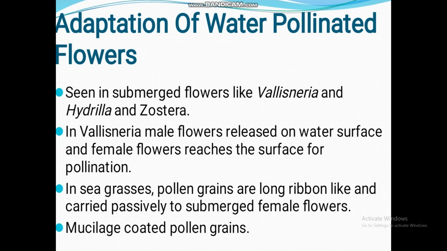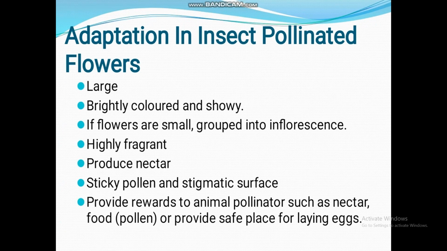In seagrasses, pollen grains are long, ribbon-like and carried passively to submerged female flowers. Pollen grains are mucilage coated so that they do not get destroyed in water. That's why they have a covering of mucilage.